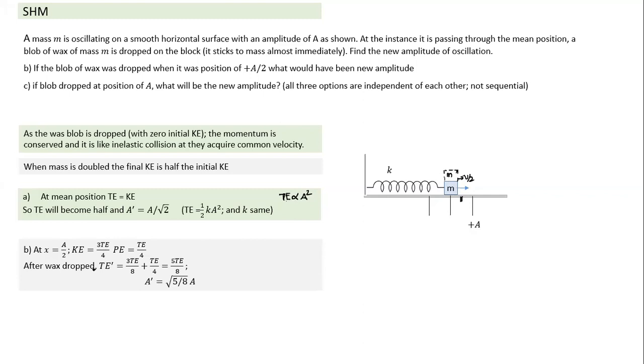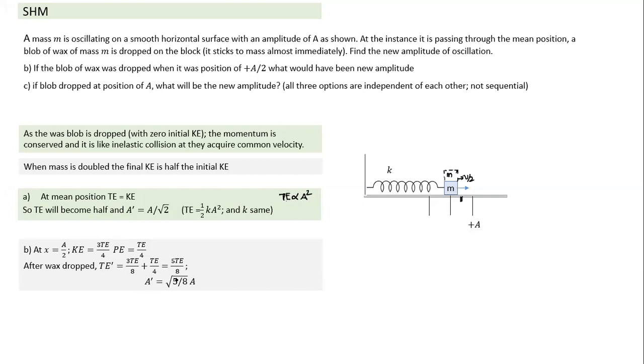After wax is dropped, what will be the new total energy? Potential energy will not change. That will remain total energy by 4. Kinetic energy becomes 3T by 8, half of it. So the new total energy has become 5 by 8 times the total energy before. Hence, the new amplitude becomes root of 5 by 8 times A.